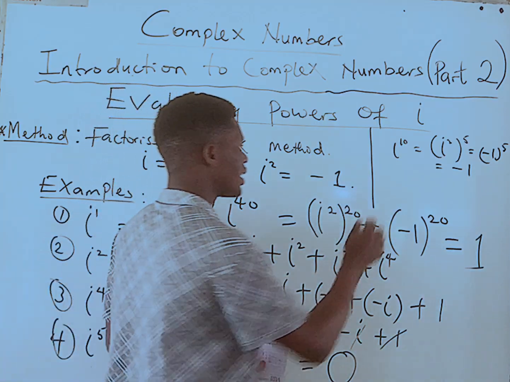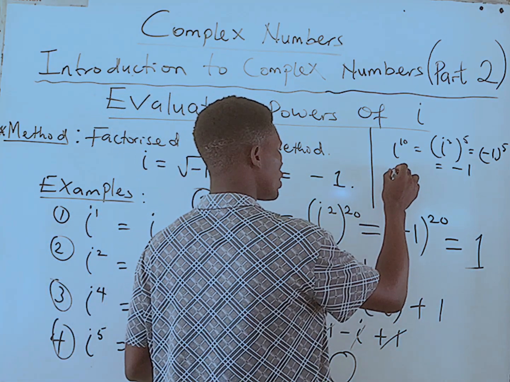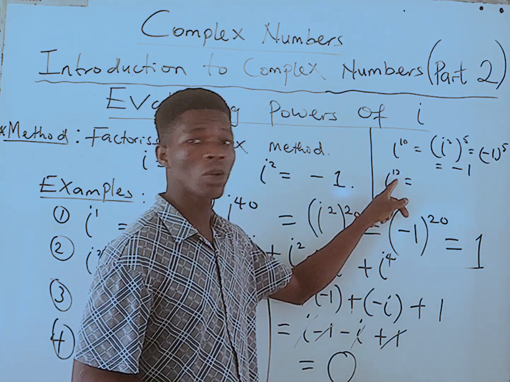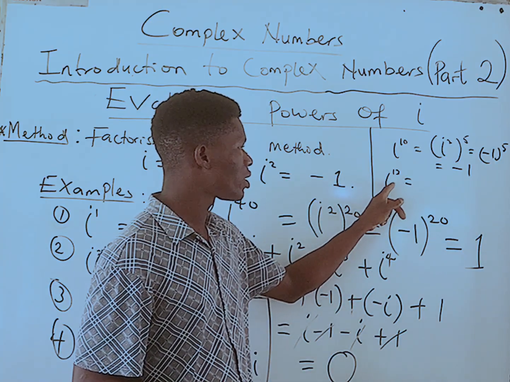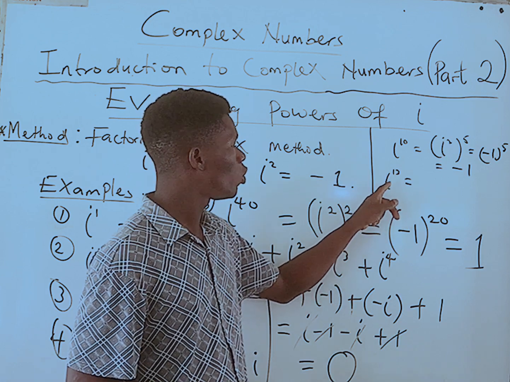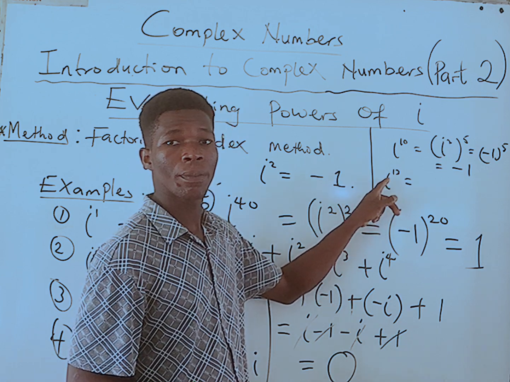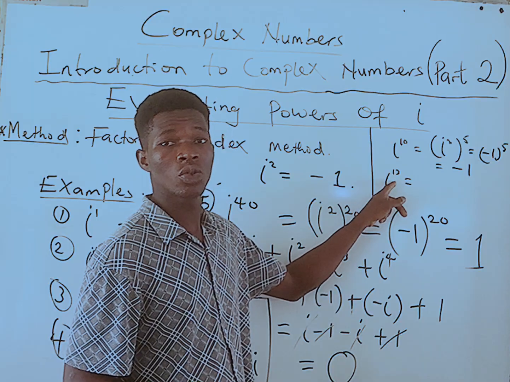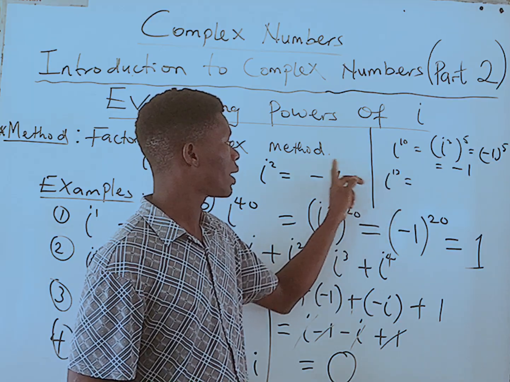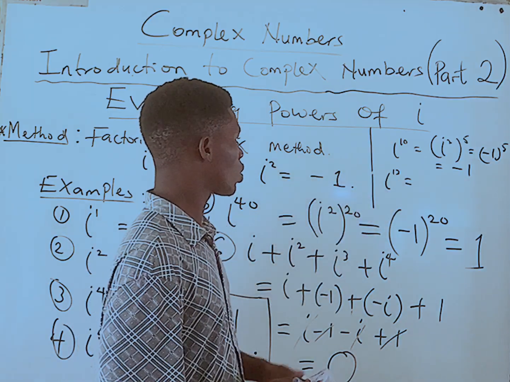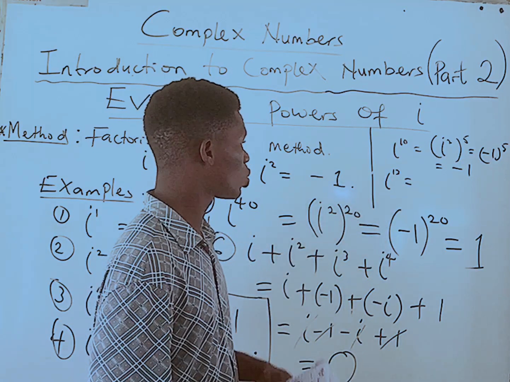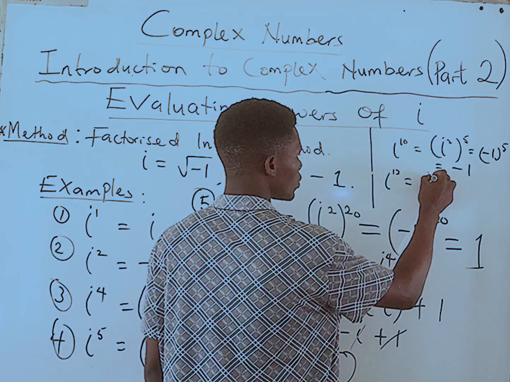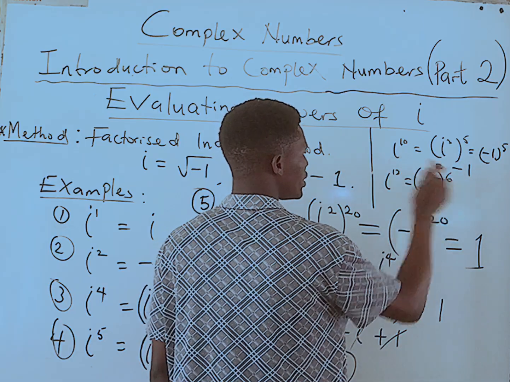Now let's look at this. We have i raised to power 13. 13 is an odd number, so what we need to do is to find a multiple of 2 that is the closest to 13 in ascending order. So 12 is the closest, and 12 can be expressed as a product of 2 and 6, and then the remainder.